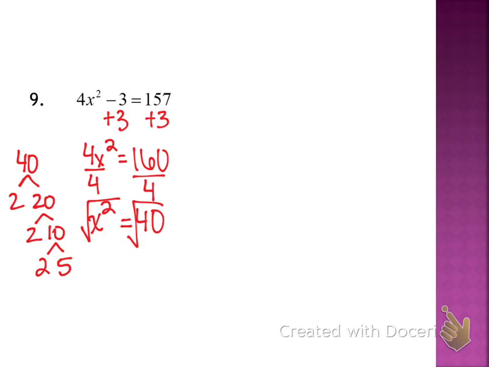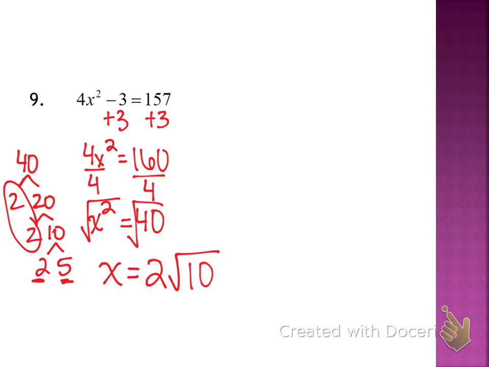We have a pair of 2's. What's lonely? A 2 and a 5. So when we do this, we would get x is equal to what? 2 on the outside of our radical, 10 on the inside of our radical.